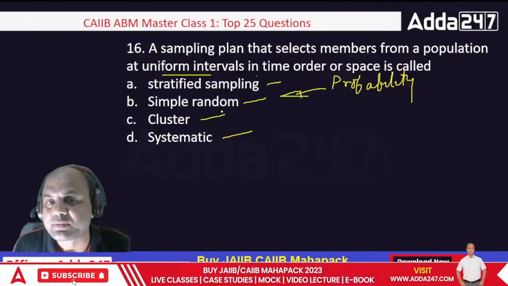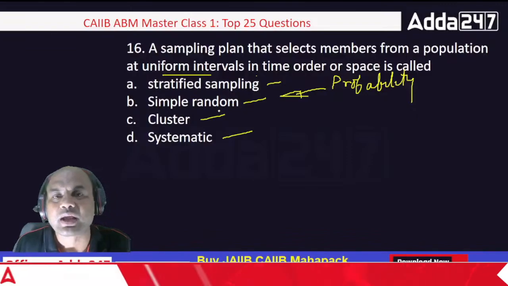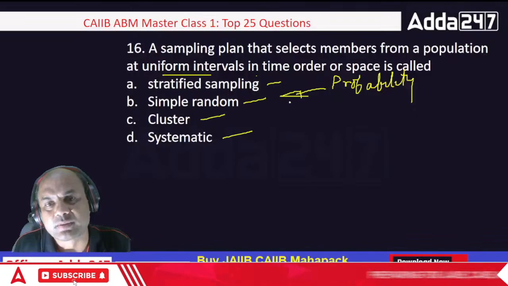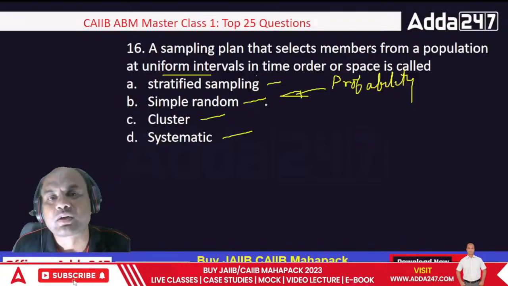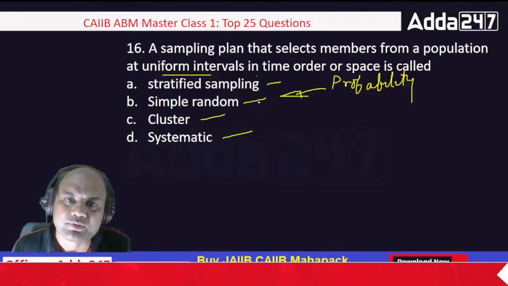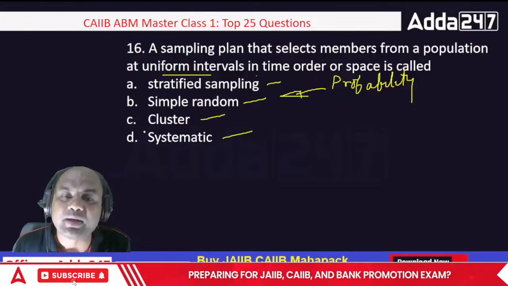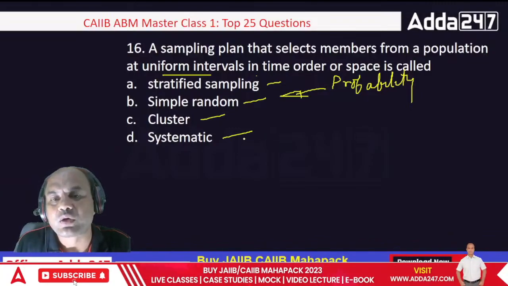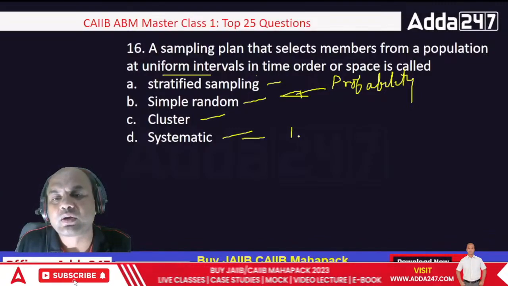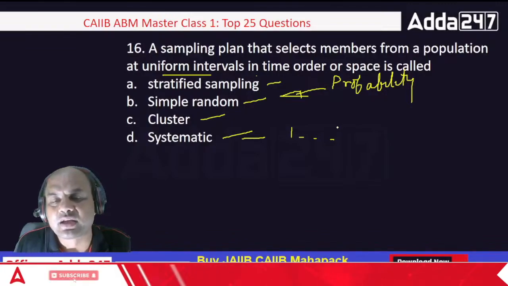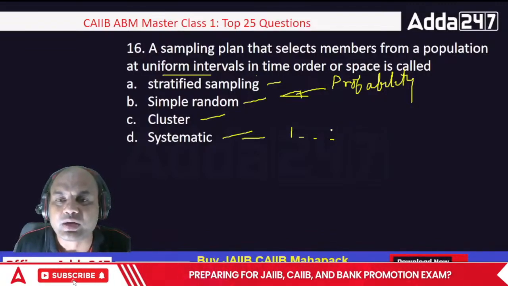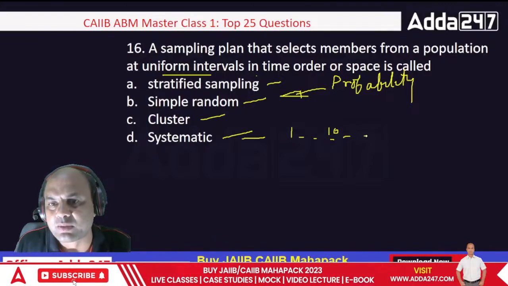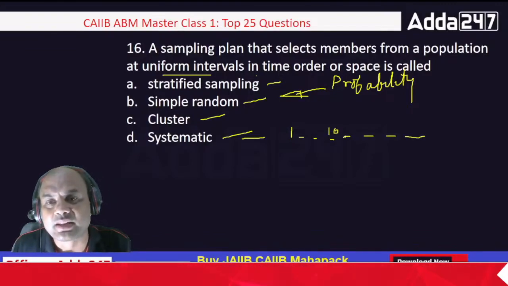Now what are the differences between them? Simple random means I close my eyes blindly and choose anyone. Suppose I want to choose 5 students from 100, so I close my eyes and choose any 5. That is simple random. Systematic means what? See here, you stand in your roll numbers starting from 1 to 10, and I want to select 10 students.